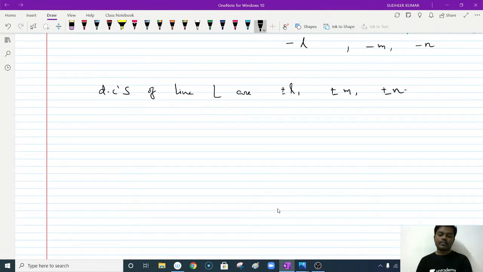So here this is what direction cosines are, right? So then let us go to the direction ratios. What are these direction ratios?